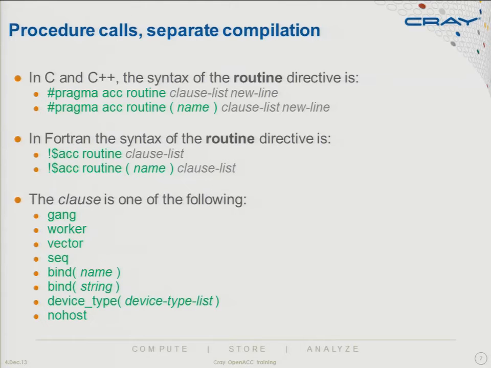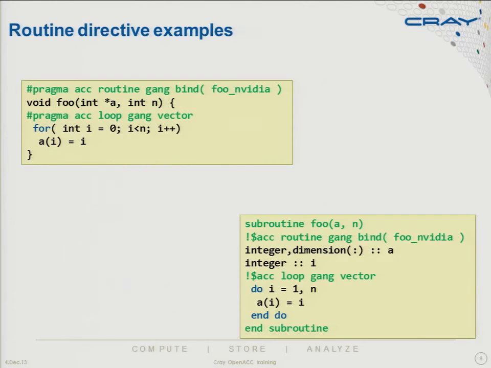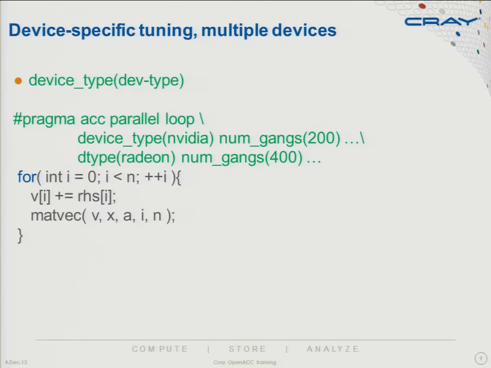This could be another routine in your code, or it could be in a third-party library, but it would be a library that you're calling from within a parallel region. There are some examples there.